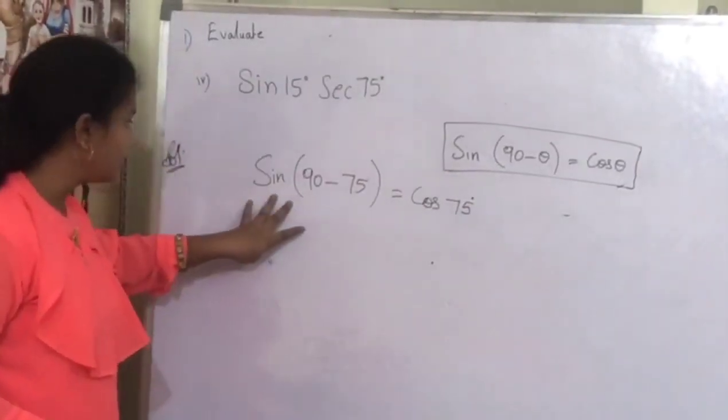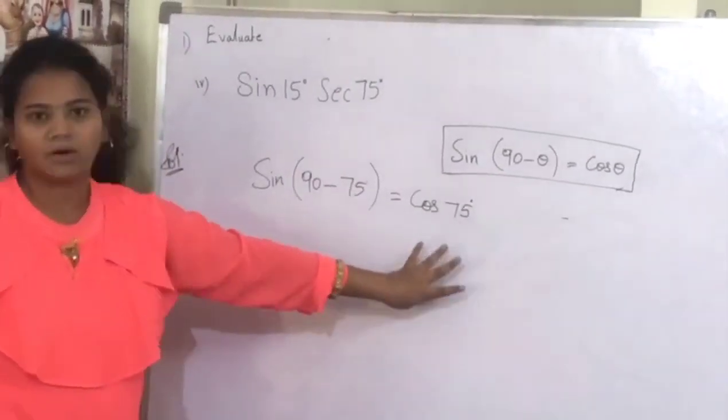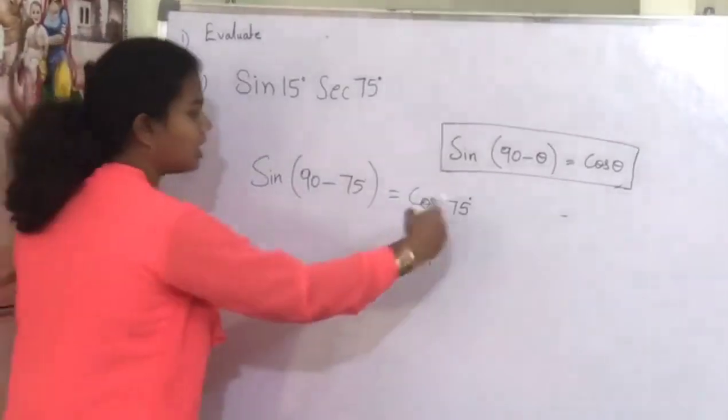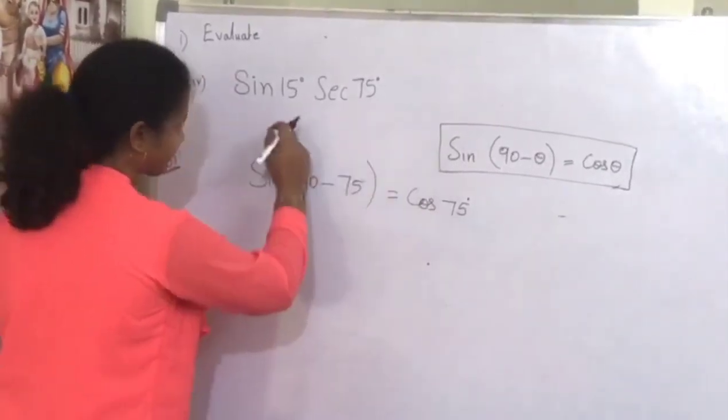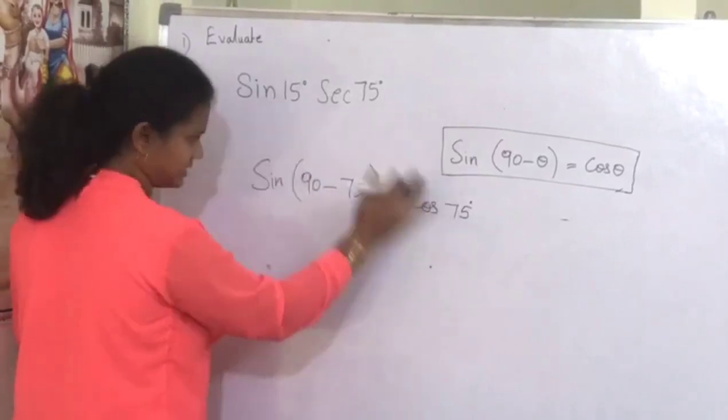Where sin 90 minus theta gives what? Cos theta, as sin 90 minus 75 gives cos 75. As here I change this sin 15 as cos 75.